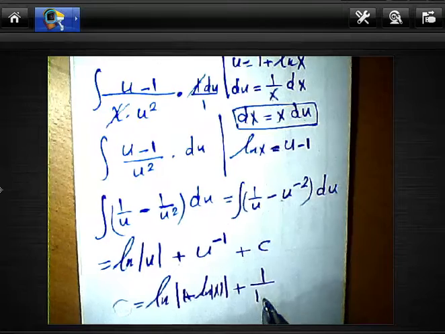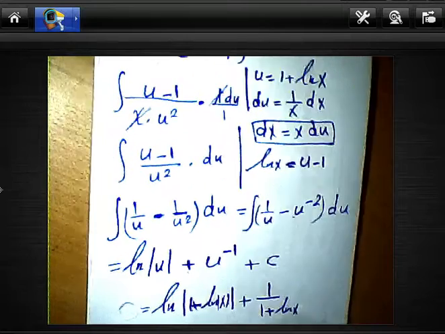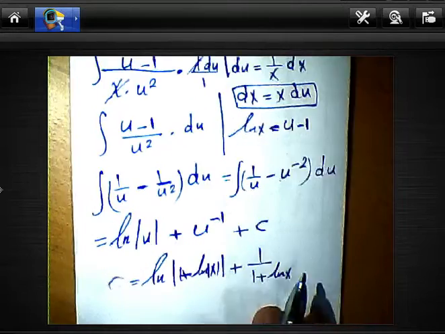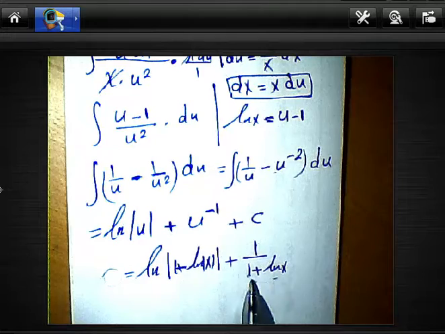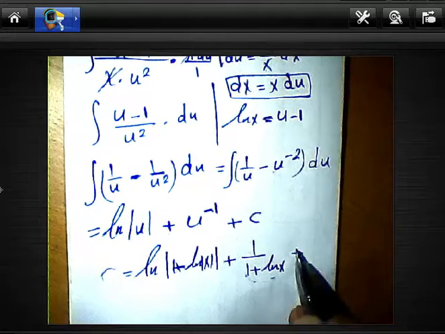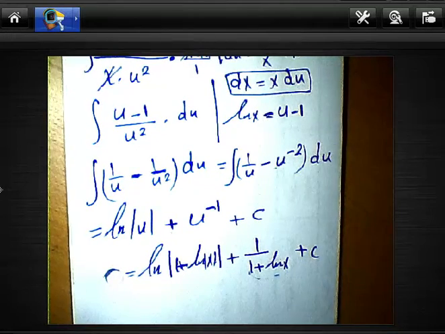U will be 1 plus ln of x. So 1 over (1 plus ln x) plus constant. Understood?